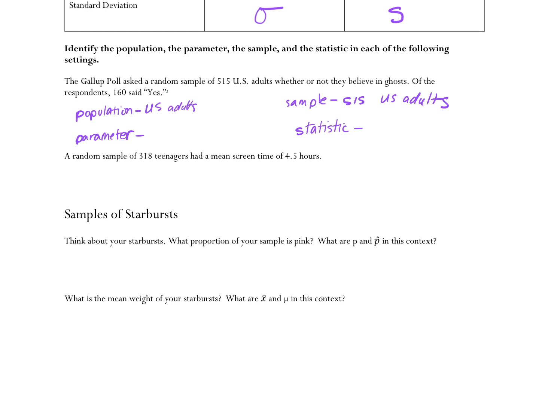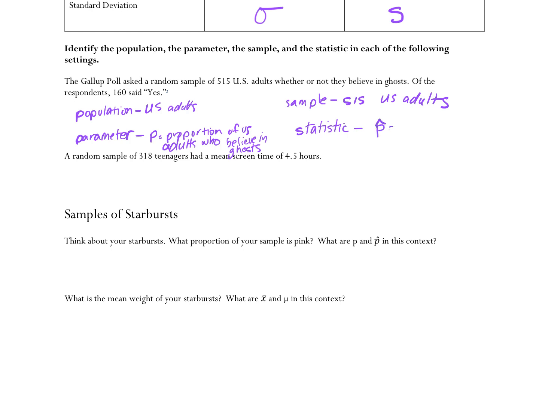So our parameter is going to be a P, which is the proportion of U.S. adults who believe in ghosts. Our statistic would be our P hat.